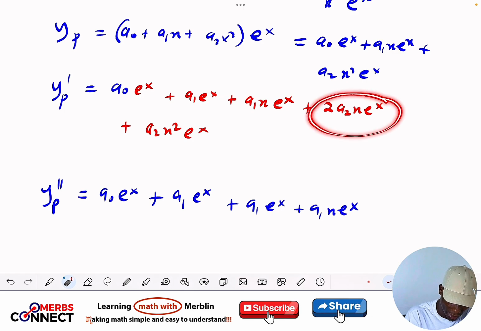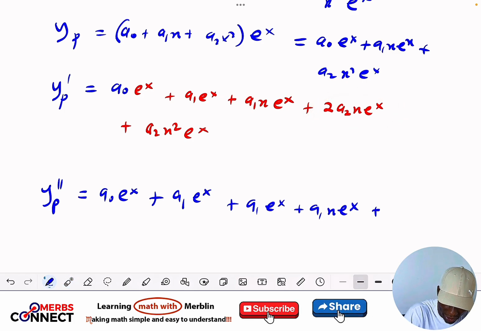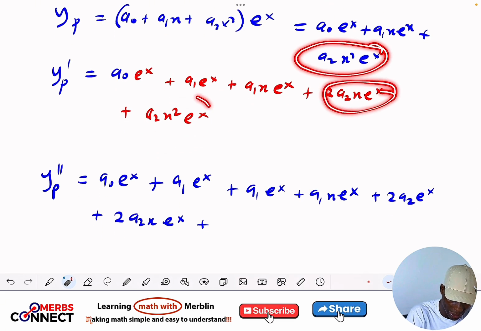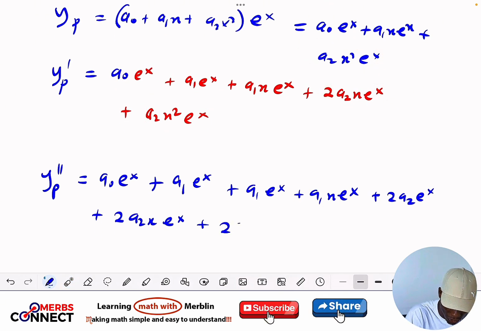Come here again, differentiate it, maintain 2a2 and differentiate x, you get this, plus now maintain 2a2 x and differentiate e to the power x, you get the same thing, plus differentiate this, which we differentiated here. So this one is going to give us 2a2x e to the power x plus a2x squared e to the power x.